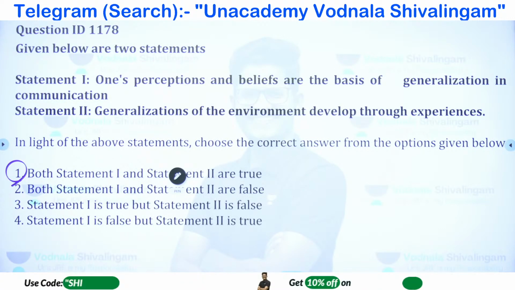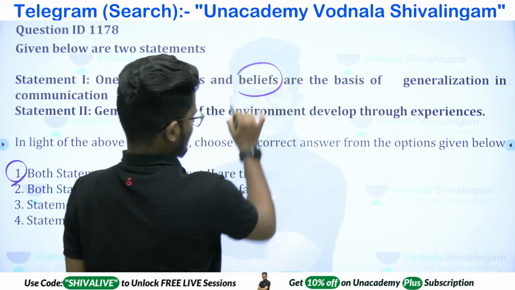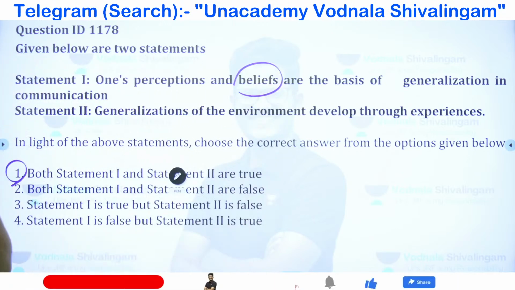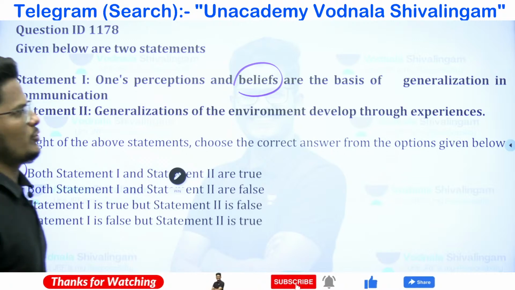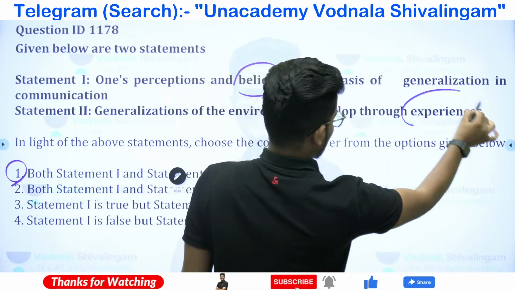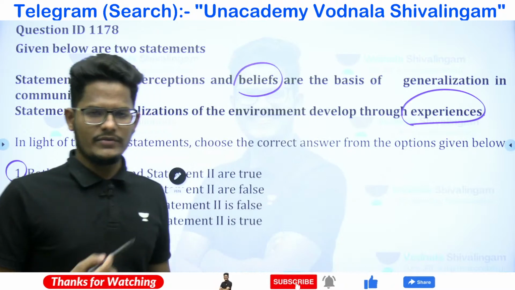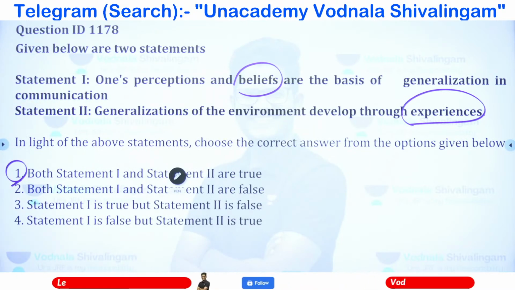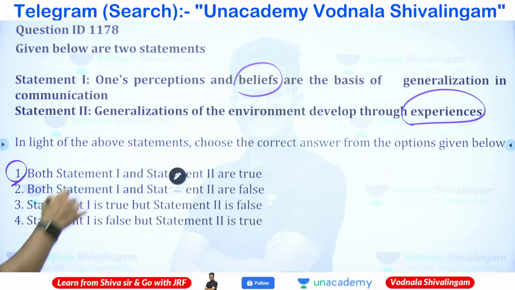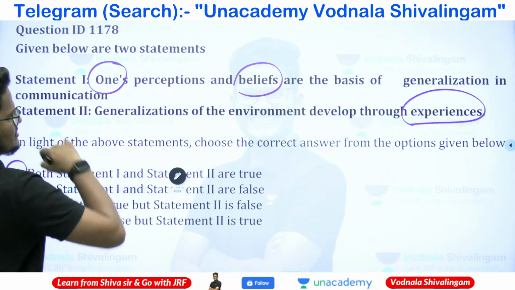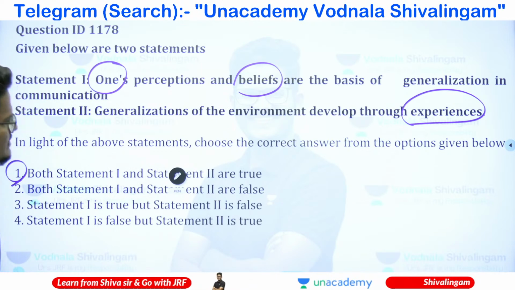Both 1 and 2 are correct. Generalization of the environment is developed through experience only, because without proper experience and proving that it is correct everywhere, generalization is not possible. One's perceptions and beliefs are on the basis of generalization, because if many people are agreeing, their perception is also believed and their belief also changes.